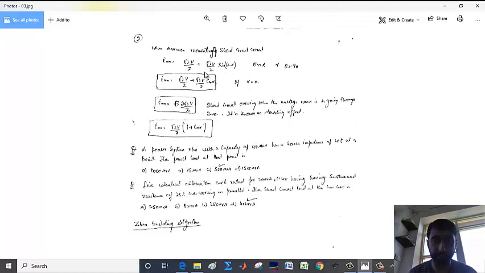We want to find out the maximum value, and the maximum value of this transient part will be at t is equal to 0. And if it is possible that the value of this steady state part is also maximum at t is equal to 0, then this one will be the maximum value of the short circuit current.